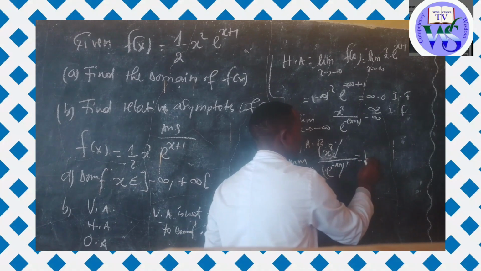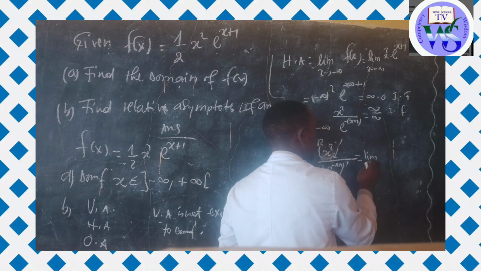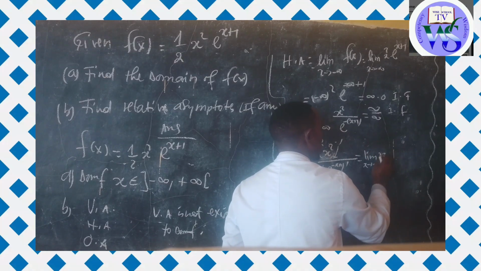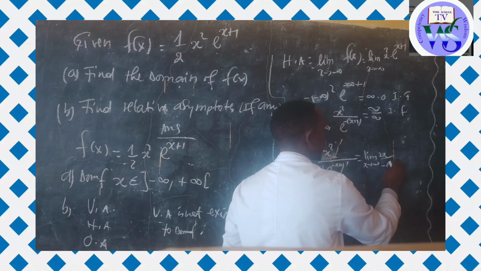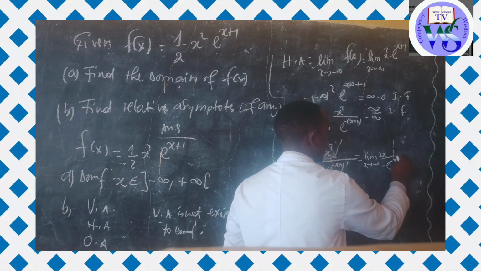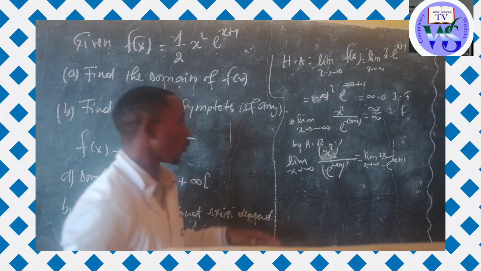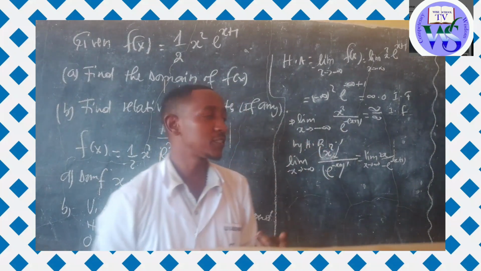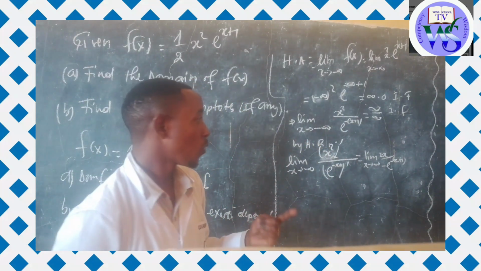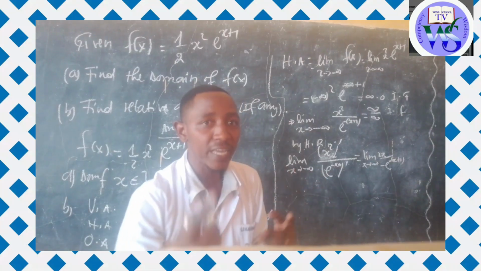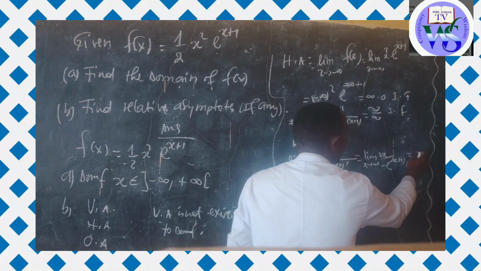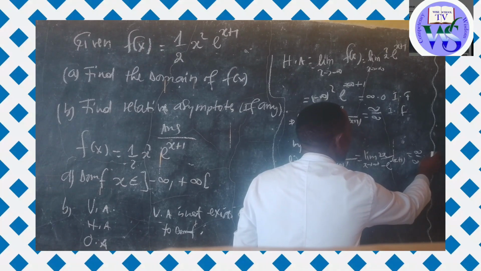This is the same as the limit of x to minus infinity of 2x over minus e power minus x plus 1. When you replace it, we also get an indeterminate form, infinity over infinity, so we use L'Hospital's rule a second time.